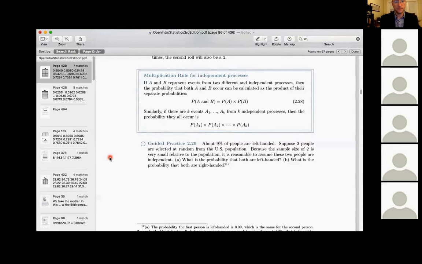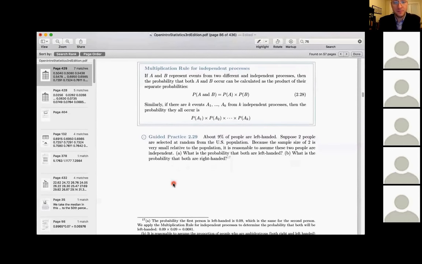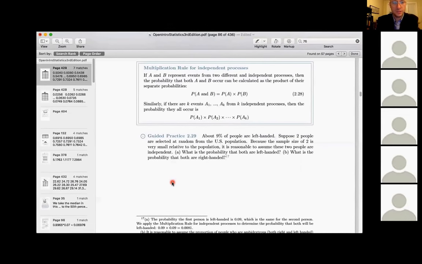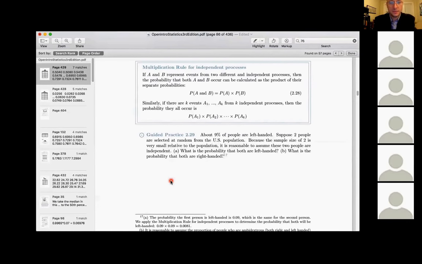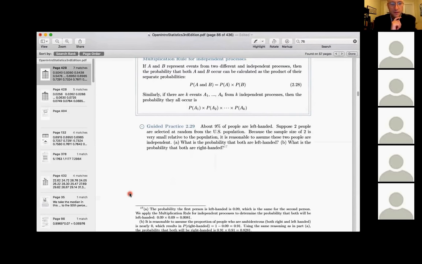Here's a good guided practice example. About 9% of people are left-handed. Suppose 2 people are selected at random from the US population. Isn't it reasonable to assume that these people are independent? What is the probability that both are left-handed?